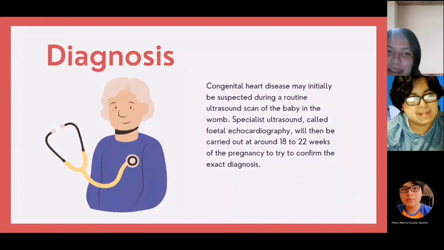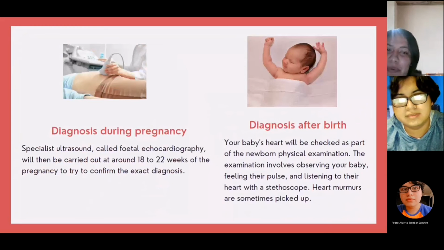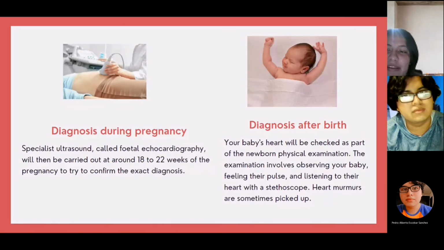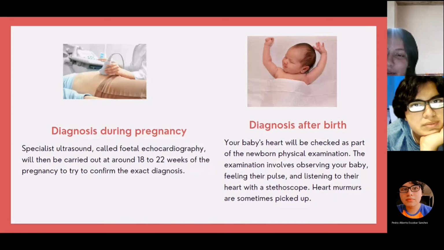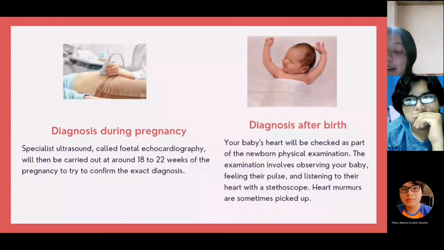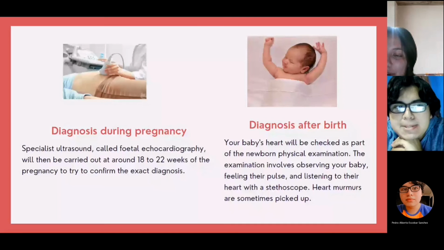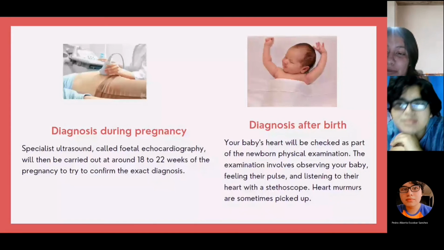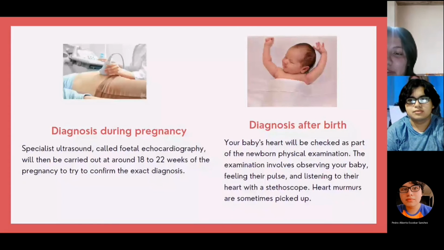This might also be done if there is a family history of congenital heart disease or where there is an increased risk. Echocardiography is a type of ultrasound scan where high frequency sound waves are used to create an image of the heart. However, it is not always possible to detect heart defects, particularly mild ones, using fetal echocardiography.